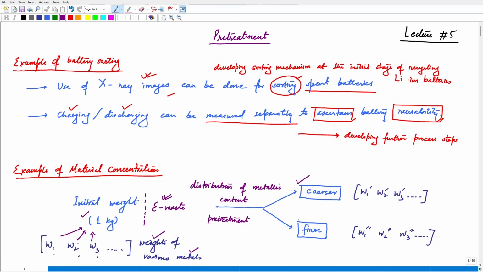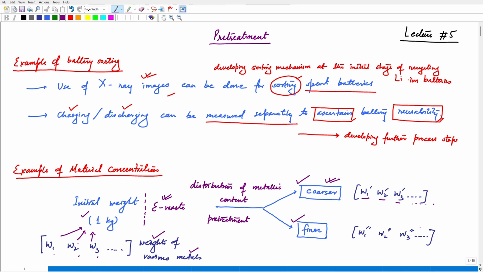So when we do that, suppose let's say we are going for crushing, grinding and sieving, we get coarser fractions and finer fractions, which can have W1, W2, W3, so on and so forth. Again, these are the weights, W1 prime, W2 prime, W3 prime. Again, these are the weights of metals in the coarser fraction. Similarly, we can have the weights for finer fractions.